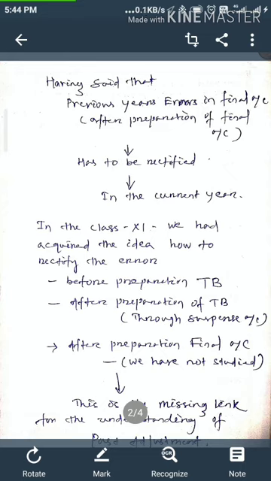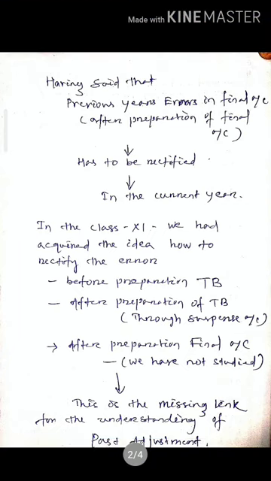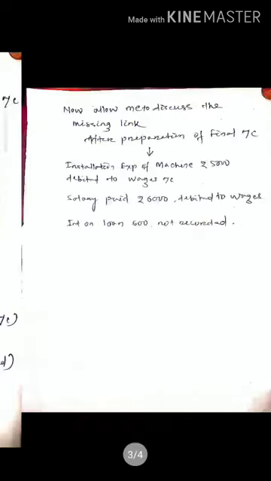But in class 11, we rectified errors before preparation of the trial balance, and after preparation of the trial balance through the suspense account. After preparation of the final account, we have not studied it, because that is not part of your syllabus in the 11th standard. So this is the missing link for understanding the past adjustment topic in partnership firms.